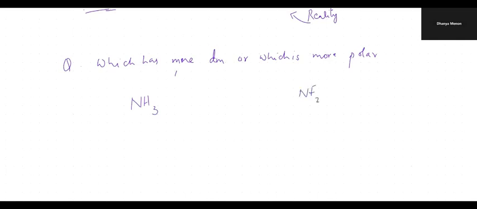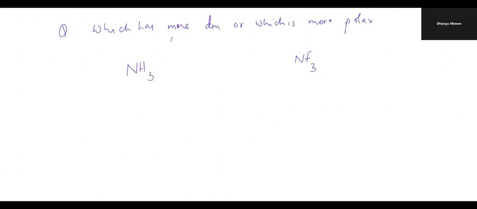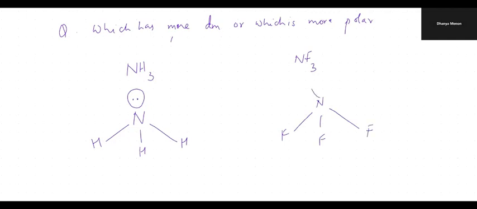The moment you look at the molecule, you will say NF3, but kindly draw the two molecules: nitrogen, hydrogen, hydrogen, hydrogen, with a lone pair of electrons; nitrogen, fluorine, fluorine, fluorine, with a lone pair of electrons. Now draw the dipoles: hydrogen to nitrogen, hydrogen to nitrogen, hydrogen to nitrogen, and nitrogen to lone pair.